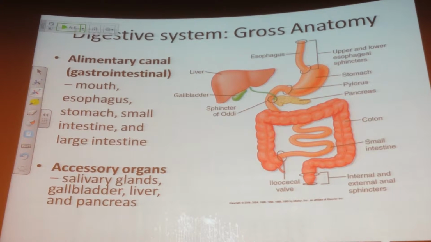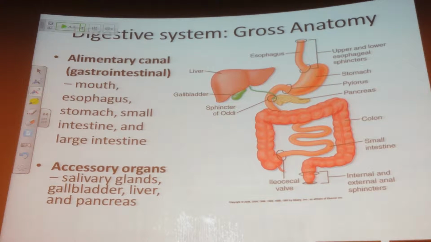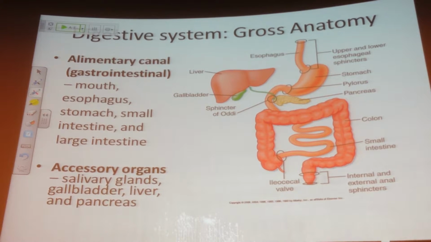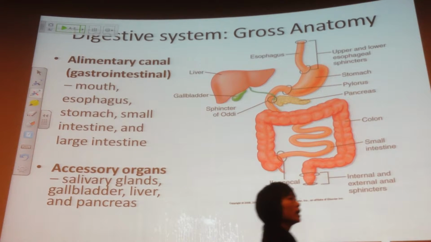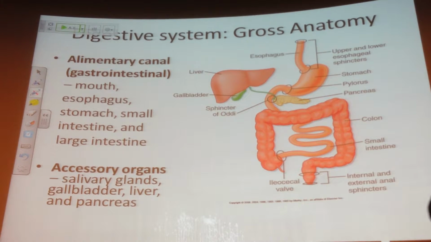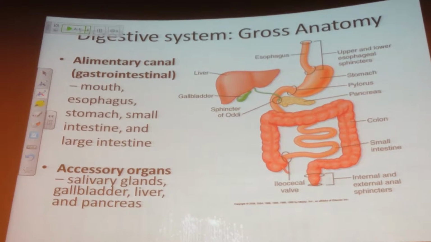And some of those, like the liver, even though the liver has a huge metabolic function, we include in the digestive function because it has a great responsibility to excrete the lipid waste. Imagine that your water-soluble waste can be excreted from urine, and your lipid-soluble waste has to be excreted from your digestive tract.